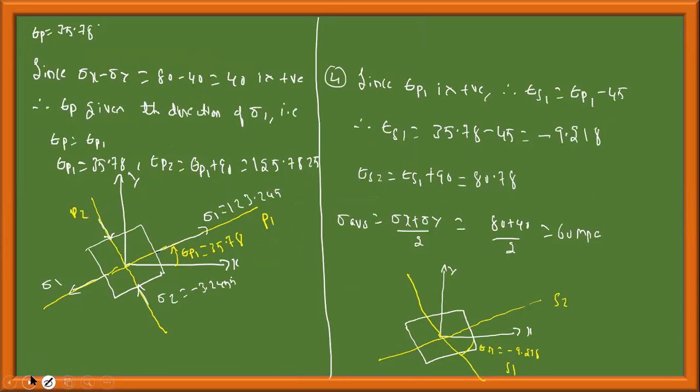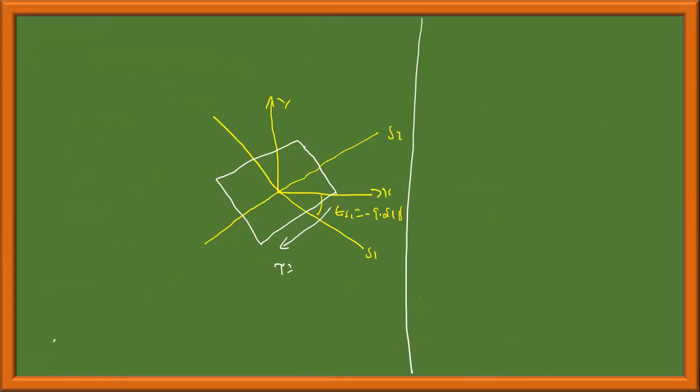This is the formula for tau max, or tau minimum; you can write tau max only, which is equal to root of ((sigma x minus sigma y) by 2) the whole square plus tau square xy.